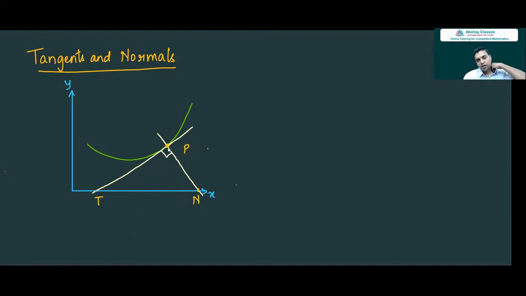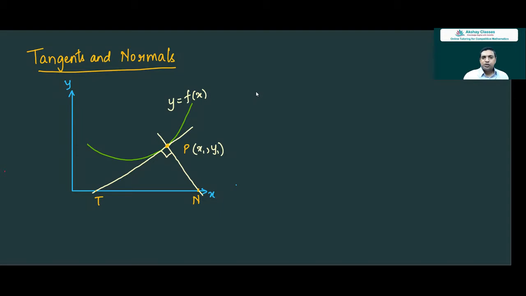All right. Now, let this curve be y equal to f of x. So y equal to f of x, and P is some point, say x1, y1.